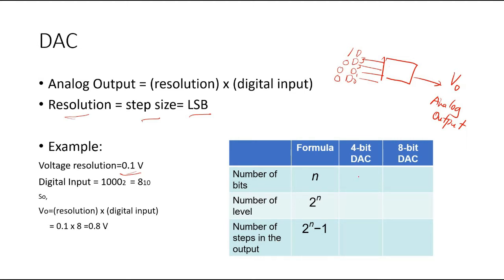For example, for 4 bits, n equals 4, and then number of levels is 2 power of 4, and number of steps in the output is 2 power of 4 minus 1. For 8 bits, we have 2 power of 8, and 2 power of 8 minus 1.